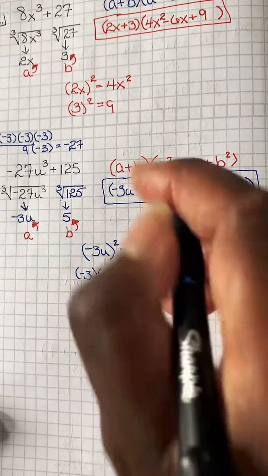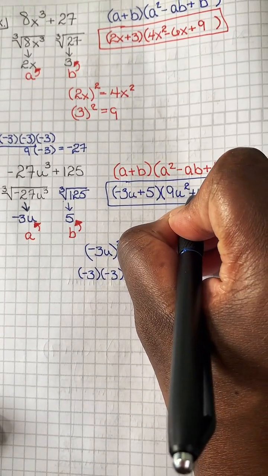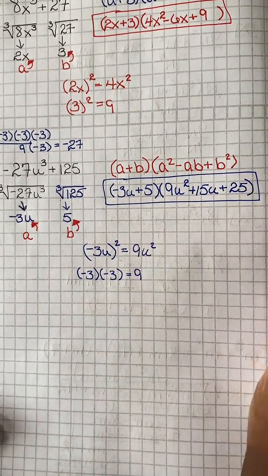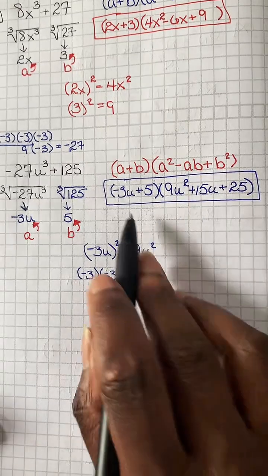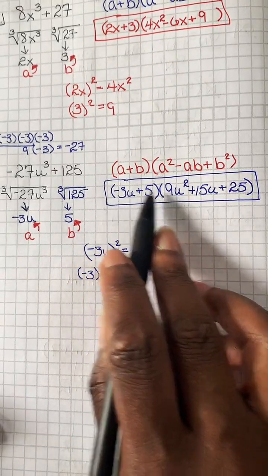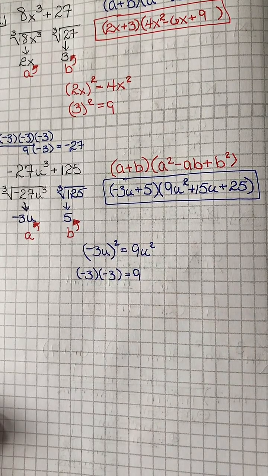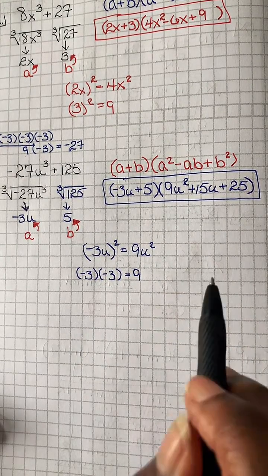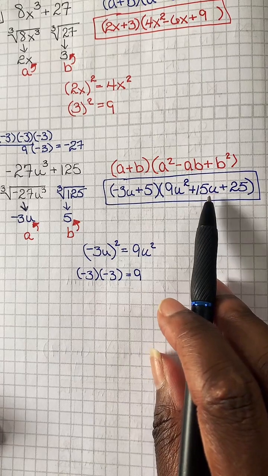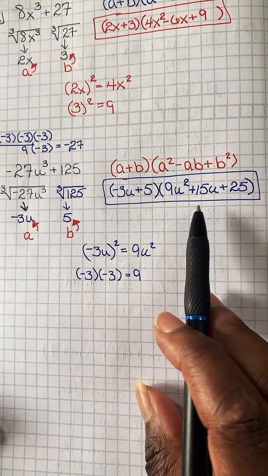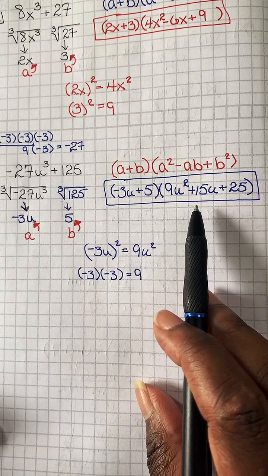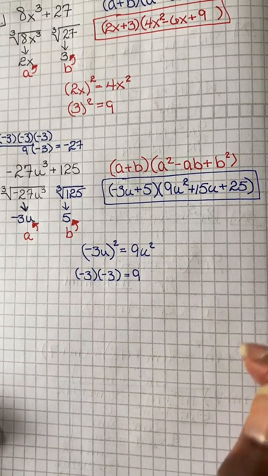So a negative times a negative will make it positive. And my negative 3 is going to take over that negative 27. Okay, so people that said positive 15u, I apologize. You were correct.